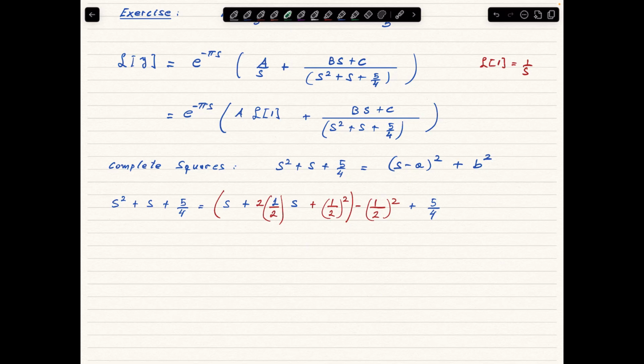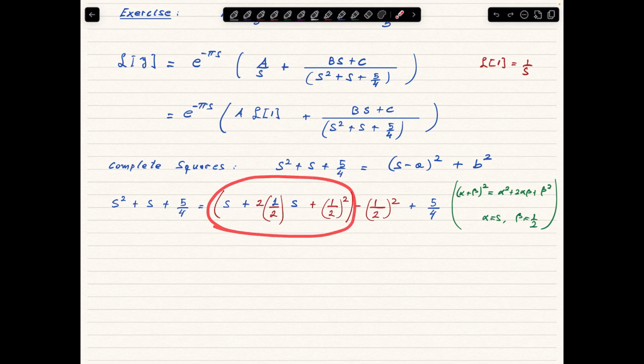So suppose we have alpha plus beta square. Well, this is alpha square plus 2 alpha beta plus beta square. And use this relation with alpha equal s and beta equal 1/2. And then you're going to see that what we have here is that.